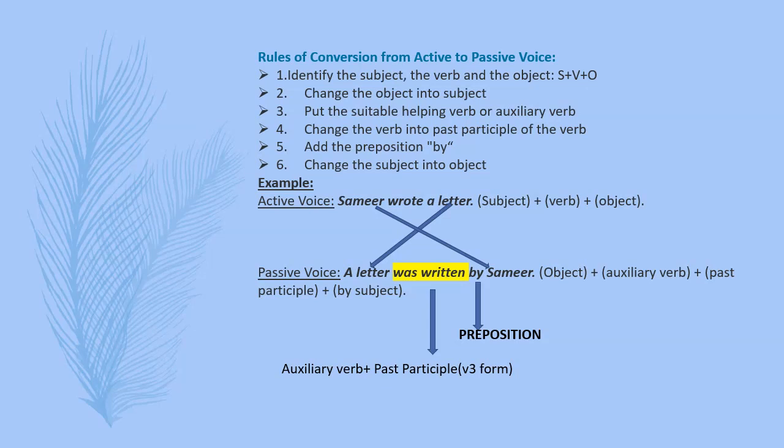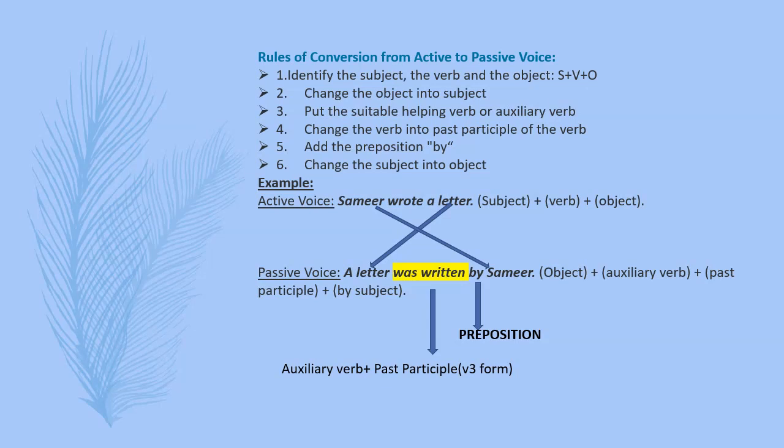Okay, so as I told you, you must see the pronoun or the noun used. If it is singular, definitely singular verbs will be used, and if it is plural, definitely you are going to use plural helping verb and then the V3 form of the verb in a sentence. So let's once again go through the rules of conversion from active to passive voice. As I told you, the basic structure of any sentence is S plus V plus O, that is subject plus verb plus object.